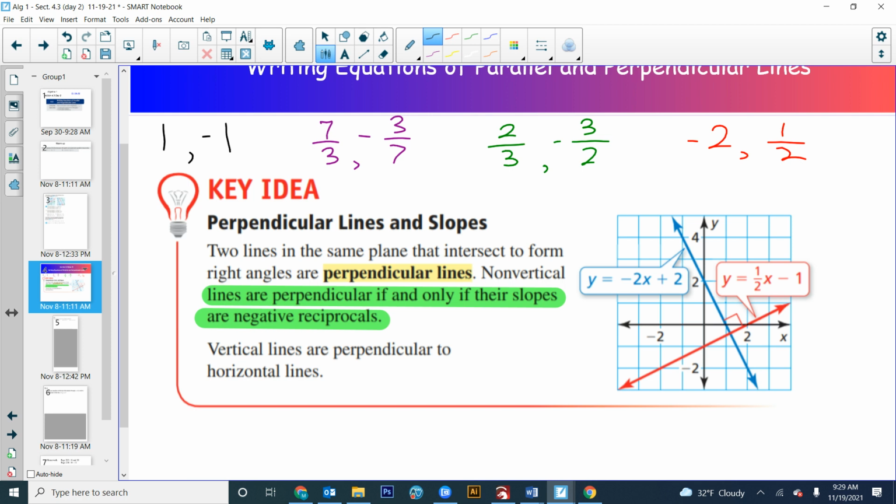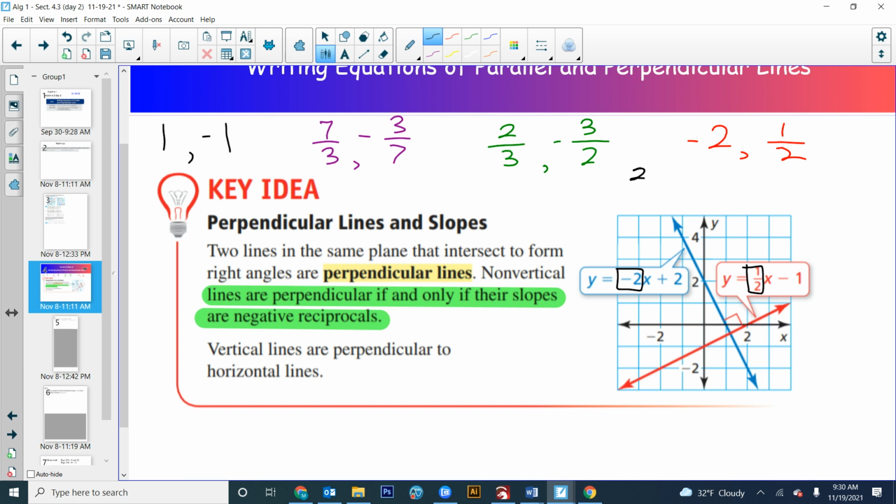So you'll notice these lines. Honestly, if you're looking to see if they're perpendicular, the only thing you're looking at is the m. The m. And you're saying, are those opposite reciprocals? And they are. So these would be perpendicular lines. What about this one?